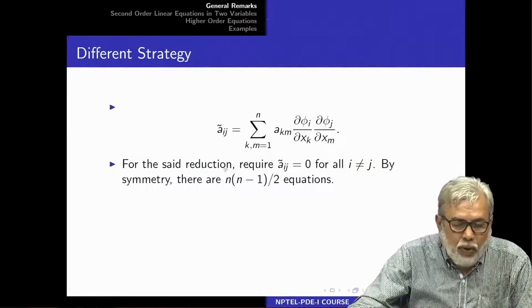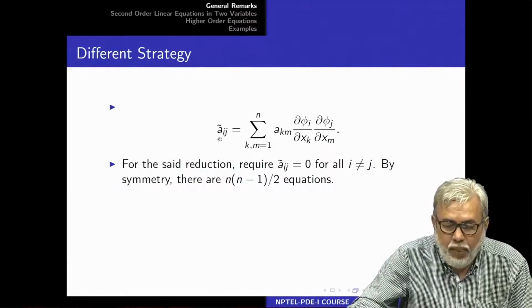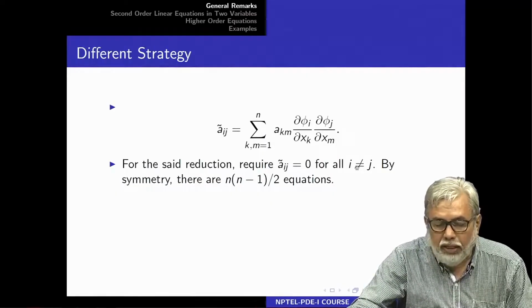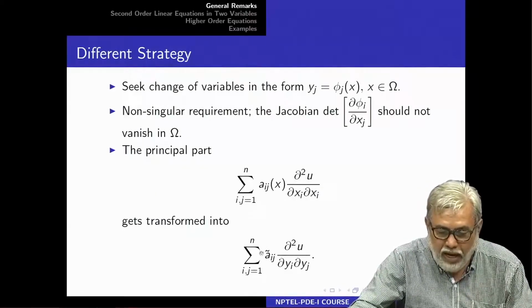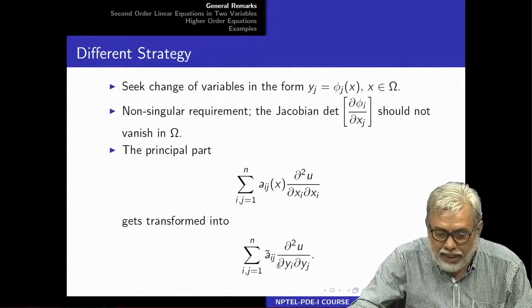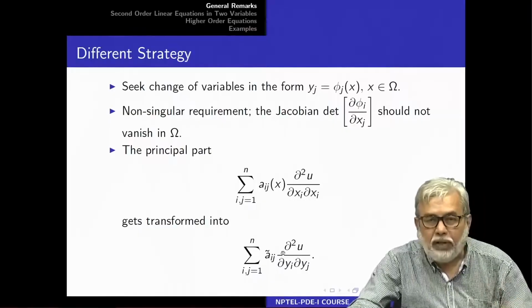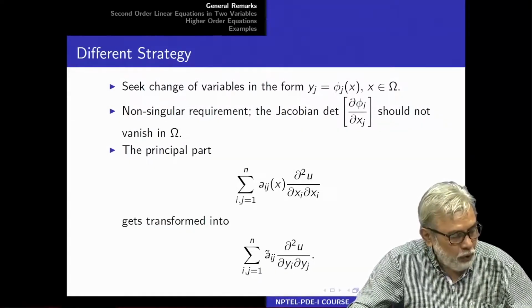So, now we want this a_ij tilde to be 0 for all i not equal to j. Just see that. Okay. If I make all the mixed derivative coefficients 0, then this is reduced to a diagonal form, and that is what we want, right, to begin with.